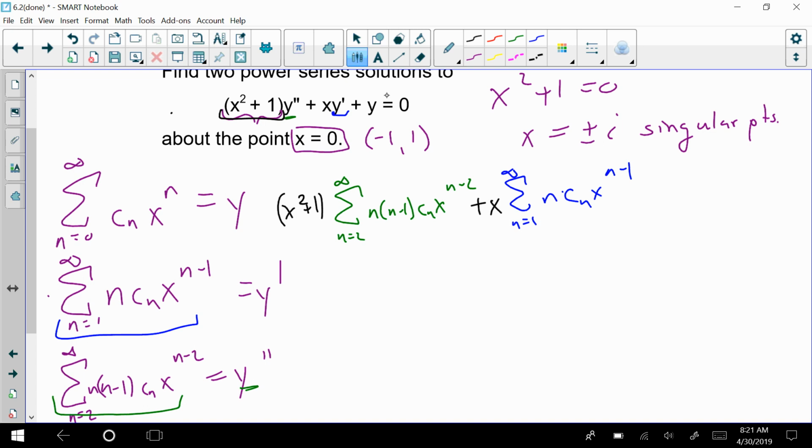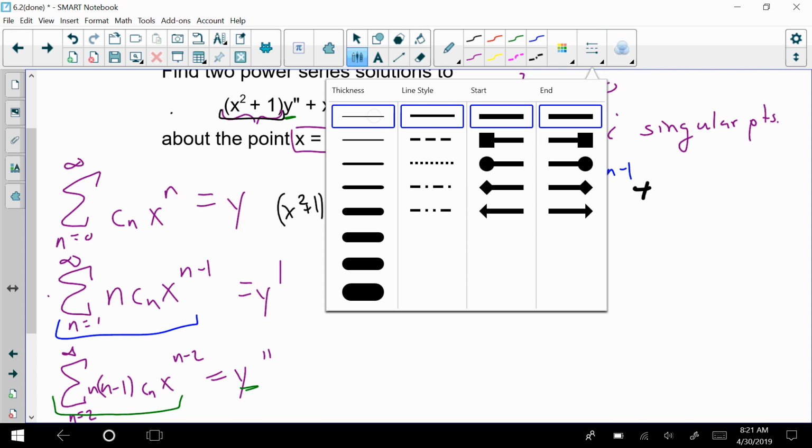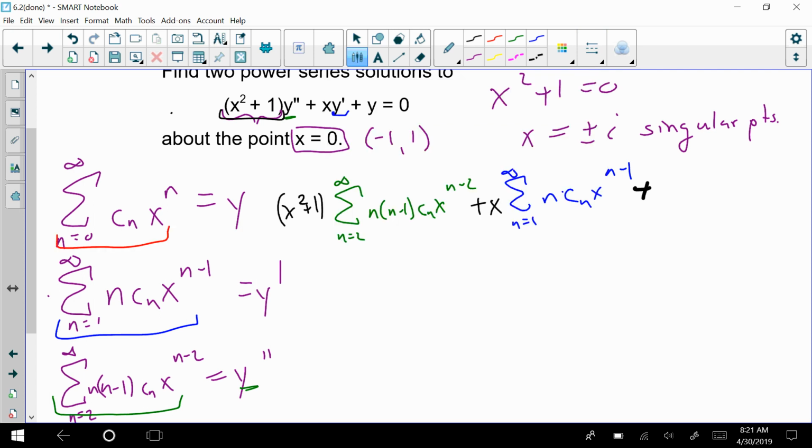And then finally I have plus y, the red part, which is the summation n equals 0 to infinity of c sub n x to the n, and it equals 0.